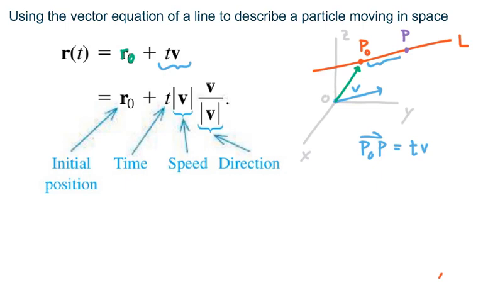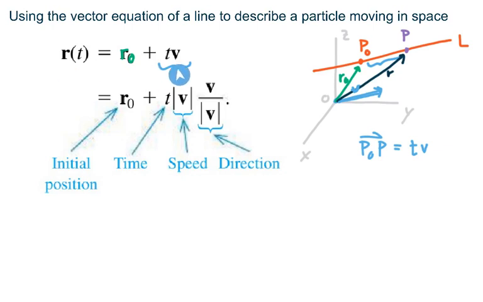So the resultant, R of t, is the vector from the origin to our point P. I have R as a vector, I have R naught as a vector, and then this blue vector is v.